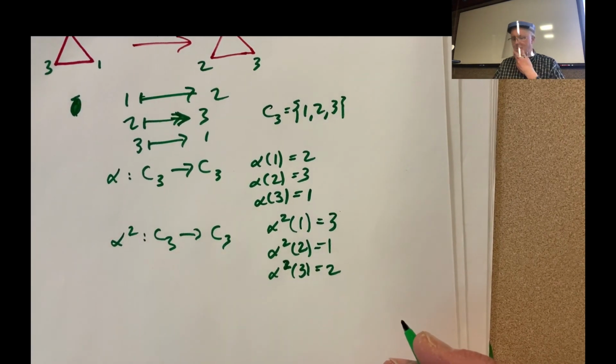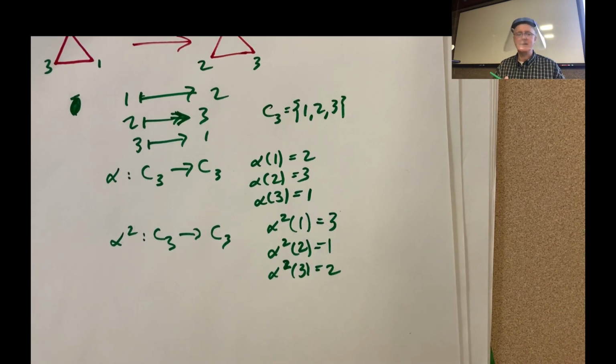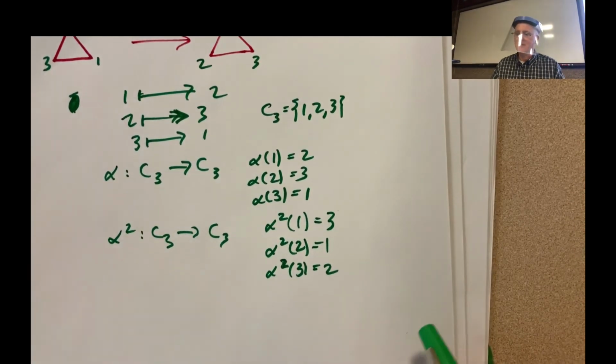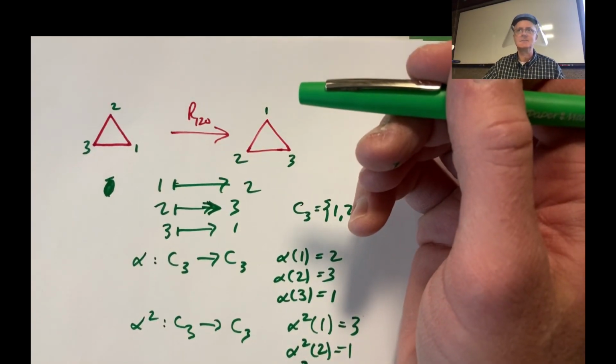And am I really squaring something? I mean, am I not composing functions? The answer is yes and yes. Maybe I should emphasize the composition first. I am composing functions here. Alpha squared is alpha composed with itself. R240 is R120 composed with itself.